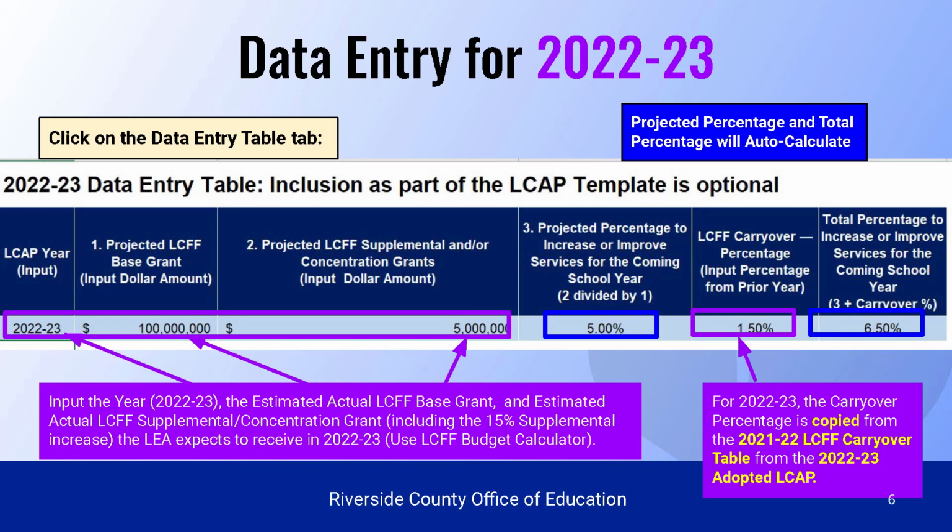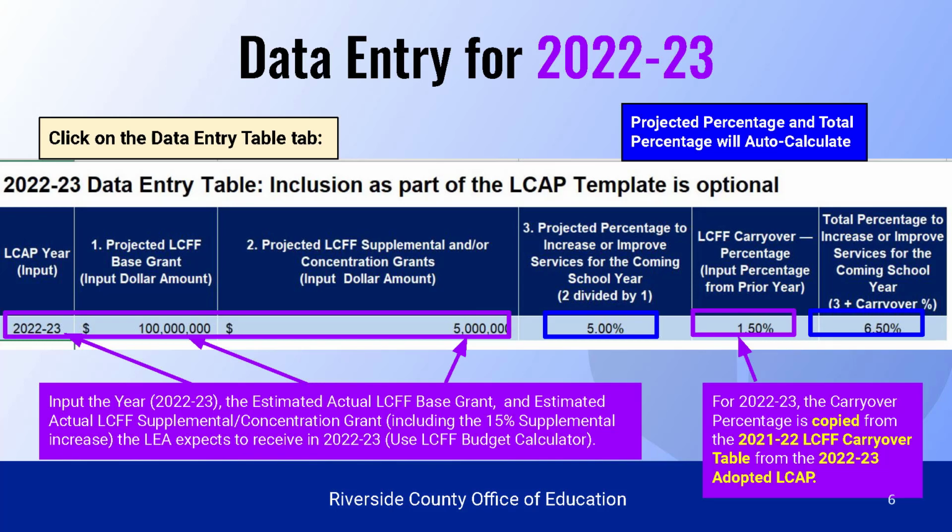Begin by inputting the year, which in this case would be 22-23, the estimated actual LCFF base grant, and the estimated actual LCFF supplemental concentration grant, and that will include the 15% supplemental increase to supplemental concentration funds that the LEA expects to receive in the 22-23 school year. To get these amounts, you would use your LCFF budget calculator.